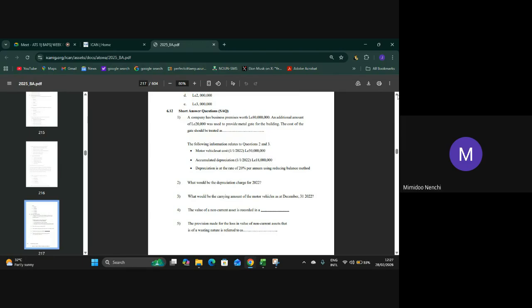It will be 80 million and 20,000 naira. So that's the total cost. We need to also incorporate that 20,000 naira because it's part of the cost of bringing the asset to its present location and condition.